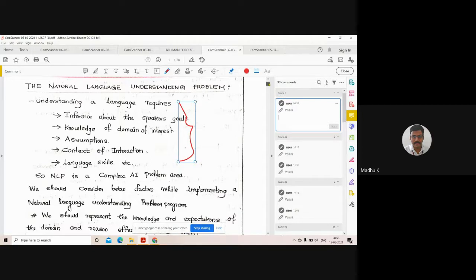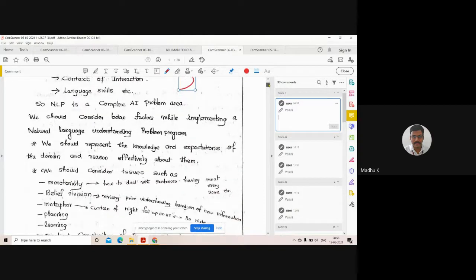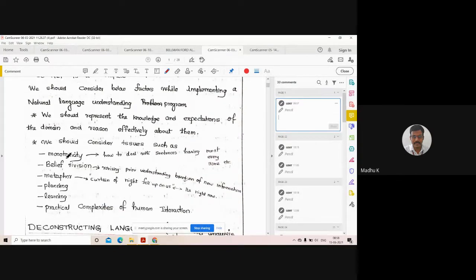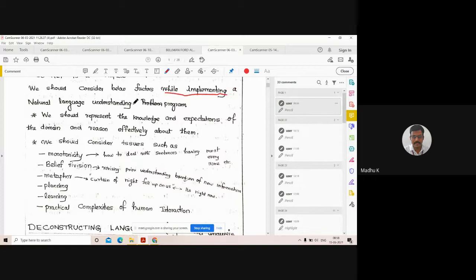Next, while writing or implementing a natural language understanding program, we should consider the below issues. First, we should represent the knowledge and expectation of the domain and reason effectively about them.